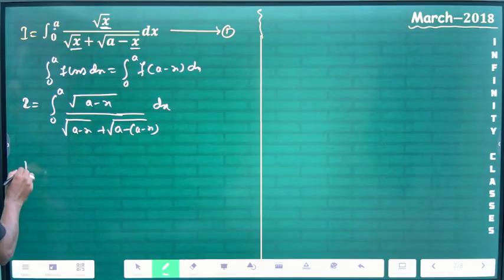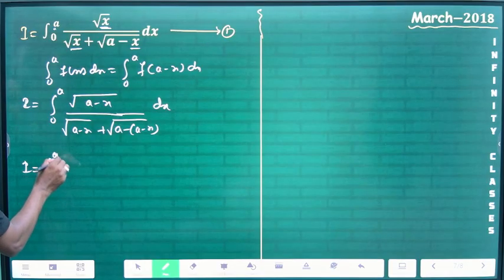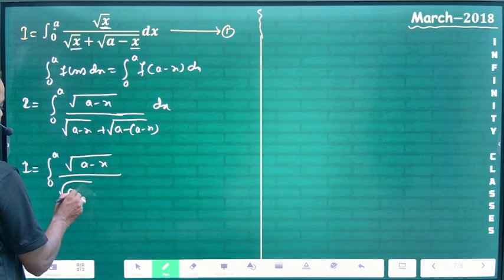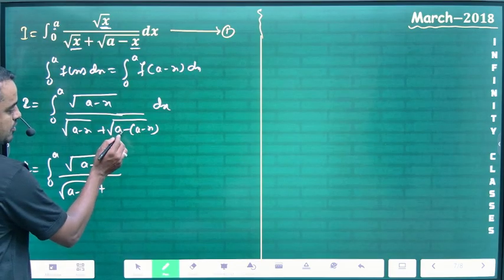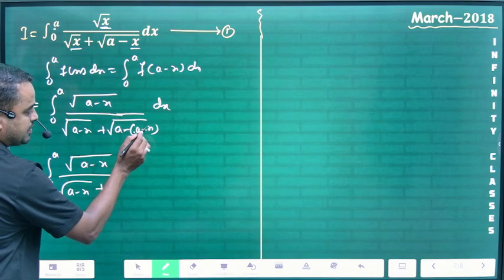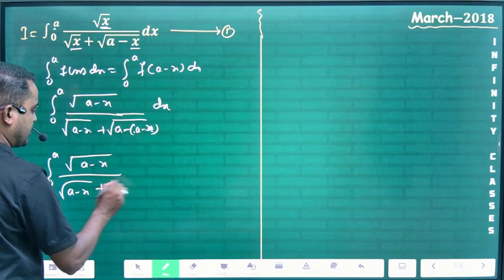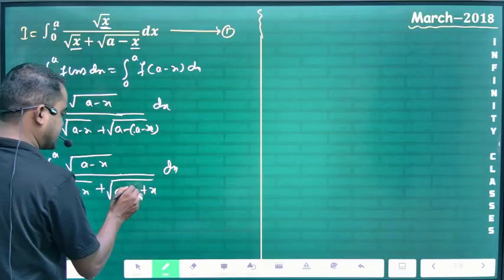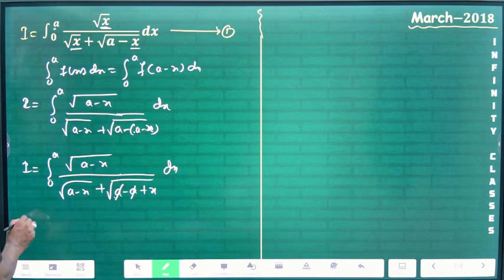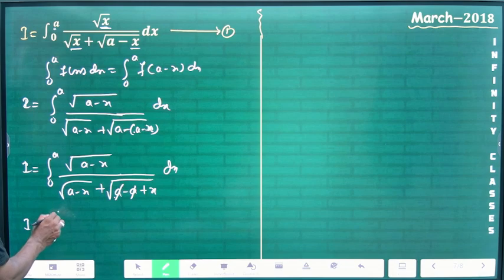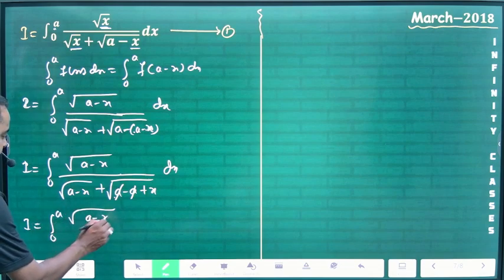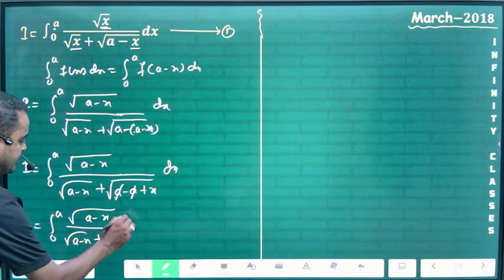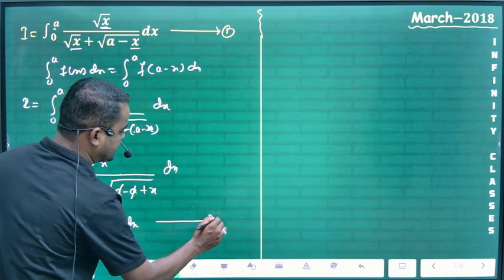Then i is equal to root of a minus x divided by root of a minus x plus the bracket minus a plus x, that is a minus a plus x. Now plus a minus a cancel here. Now i is equal to integration of 0 to a root of a minus x divided by root of a minus x plus root x dx. Call this equation 2.